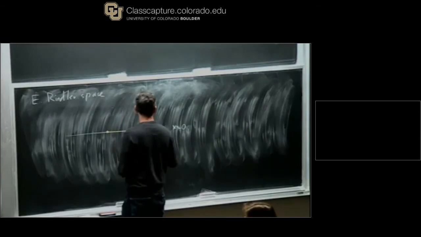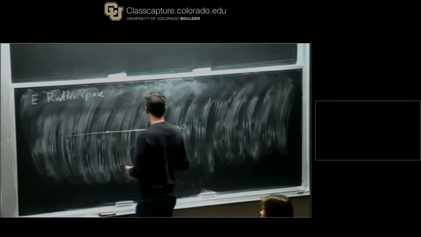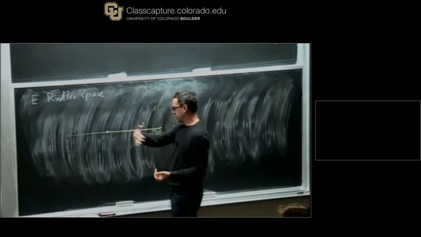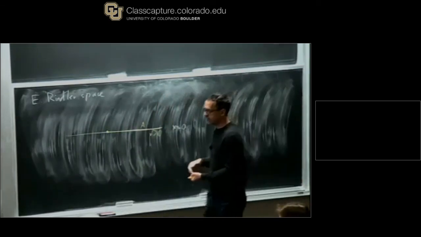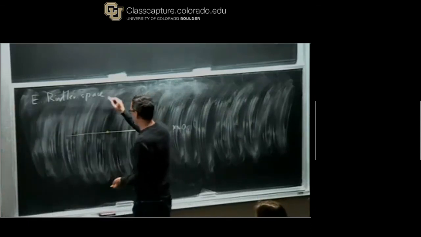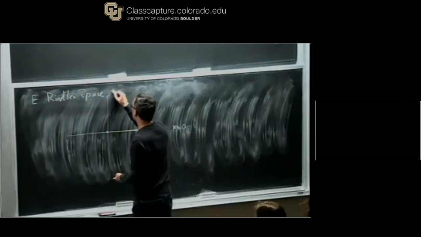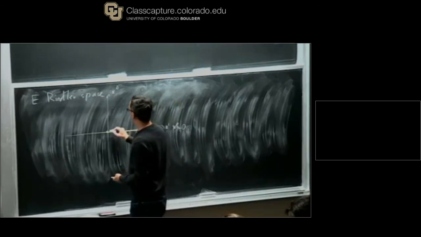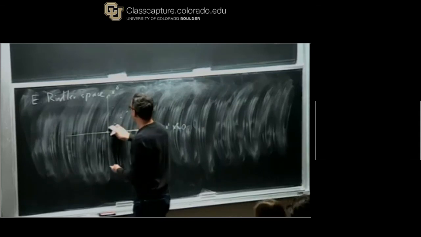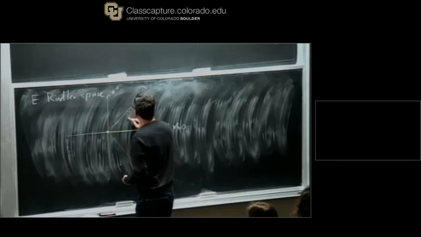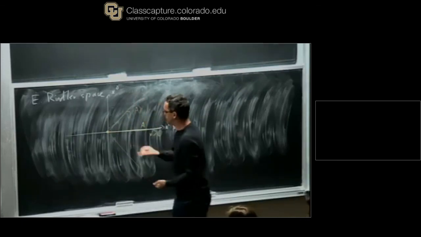So let's say x1 positive. And that's my A. And I have other directions, and it's half of the whole space. Okay? And what is the causal domain of this? So this is x naught, this is x naught equals 0, this is x1. And here's my D of A, and it's called Rindler space.